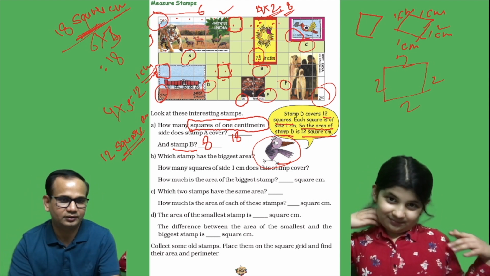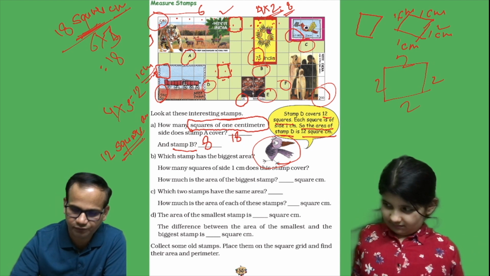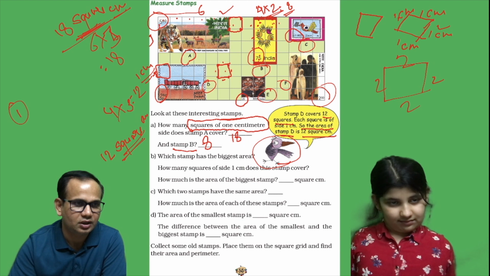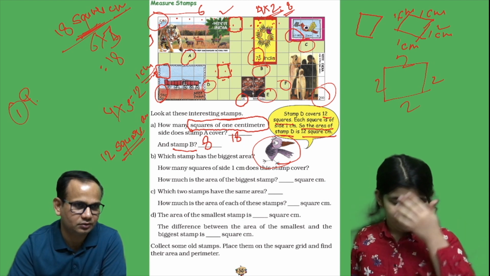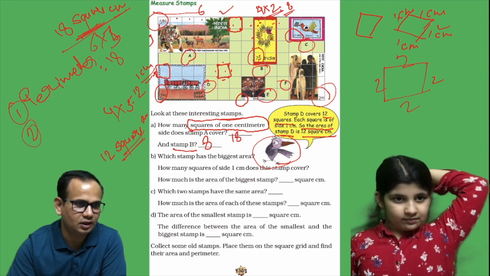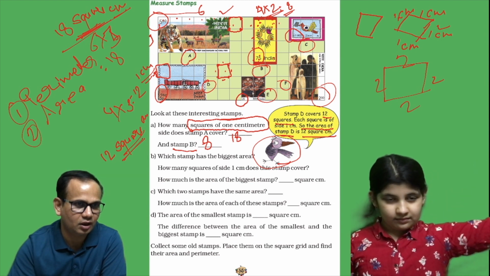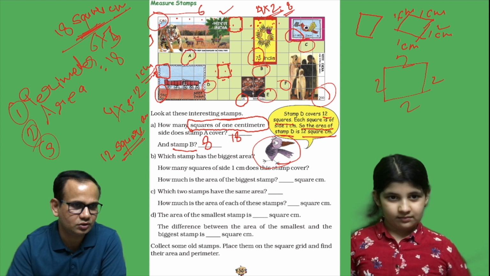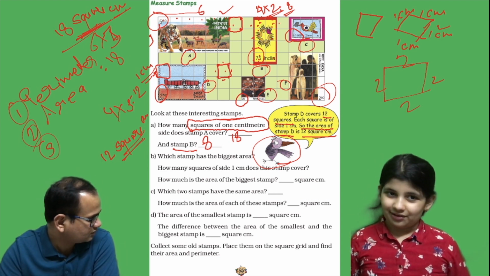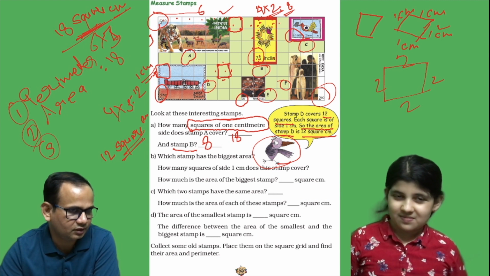I'll tell you what we understood in this chapter. One is perimeter. Second, we understood about area. Third, we understood about boundary, which is nothing but perimeter.